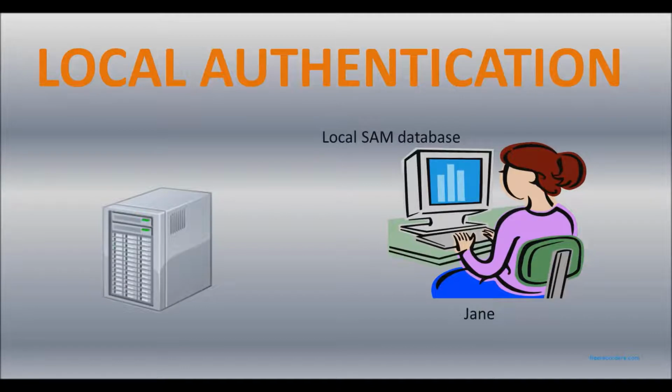It's called a SAM database, and that SAM stands for Security Account Manager. That's a small database on your computer or on any Windows server for that matter that stores user accounts, passwords, groups, things of that nature.